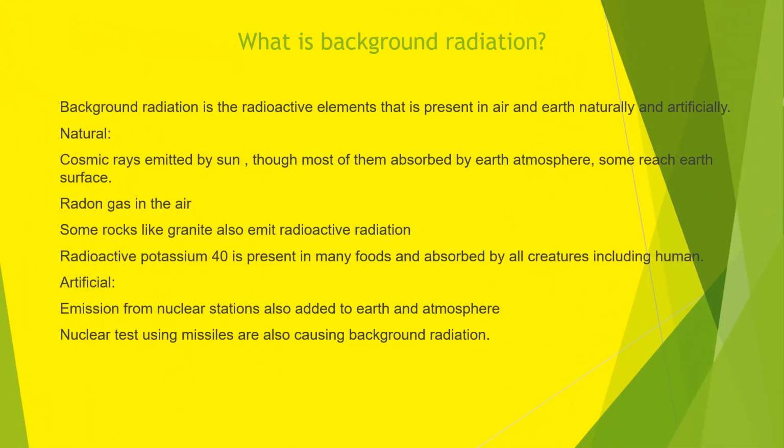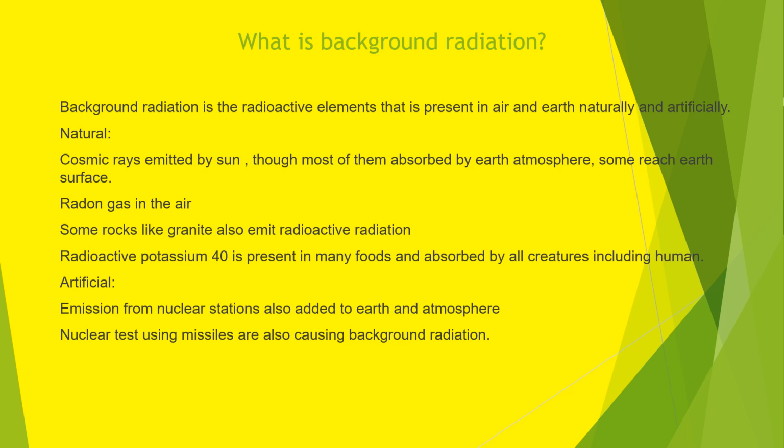What is background radiation? Background radiation is the radioactivity that is present in the air, naturally and artificially. Natural background radiation comes from the sun: cosmic rays, though most of them are absorbed by the Earth's atmosphere, some reach the Earth's surface. Radon gas is in the air.